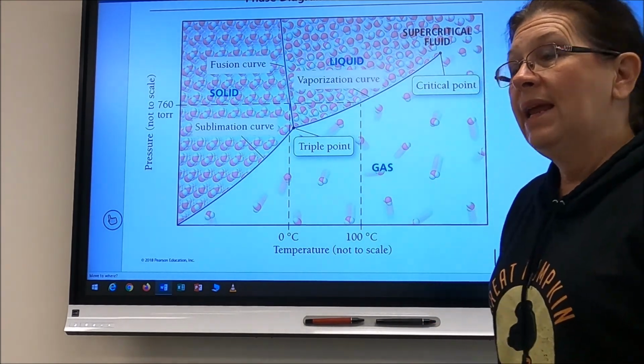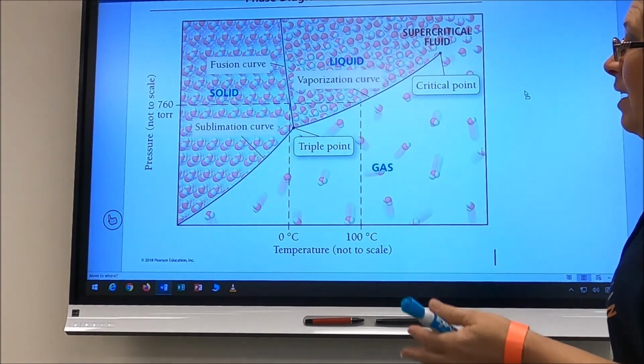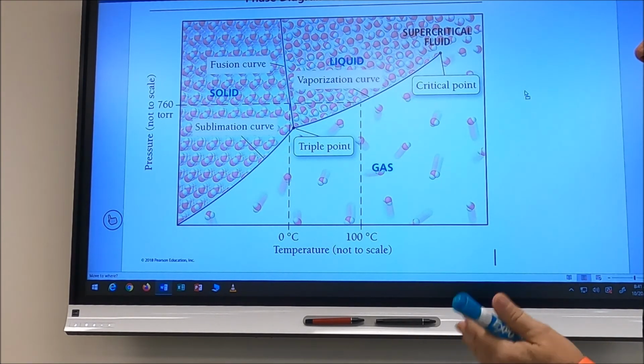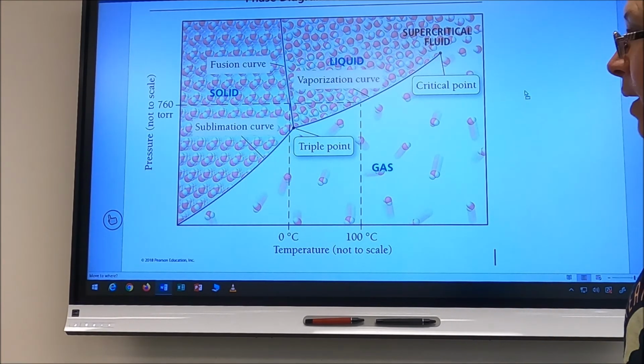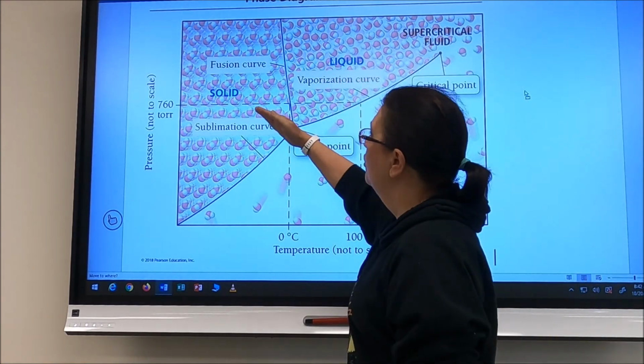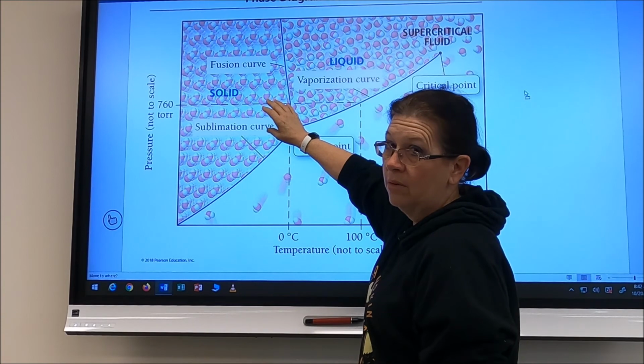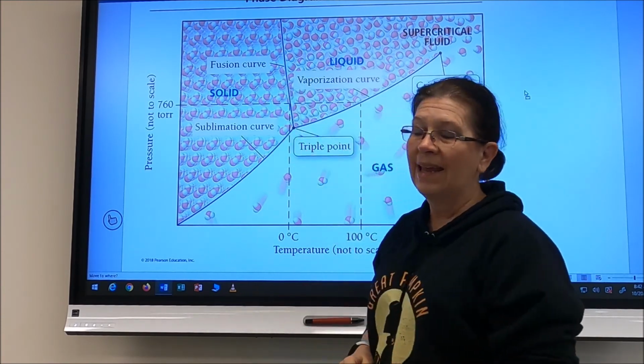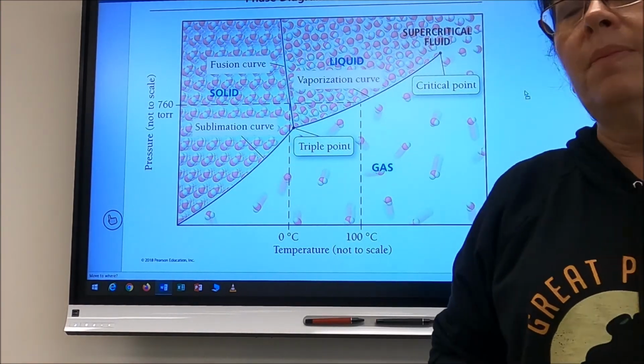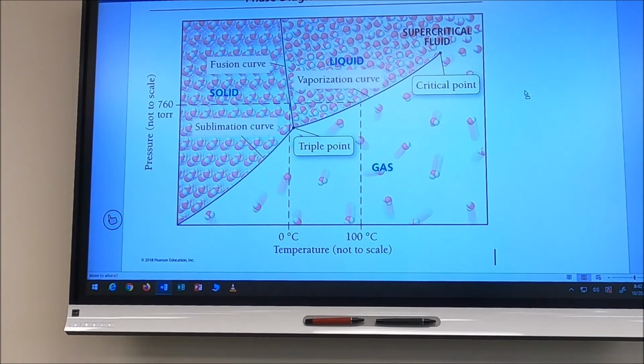Water is very unique. It's the only substance where the liquid phase is more dense than the solid phase at the fusion point. Okay, this tilts back this way. So I can apply pressure to a solid chunk of water and I can get it to melt into the liquid. This is actually what happens below an ice skate.